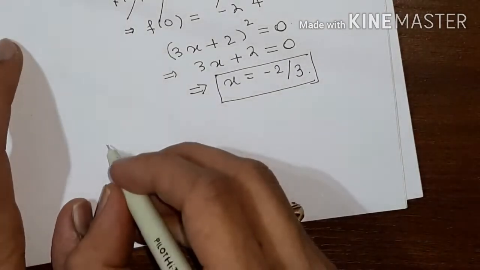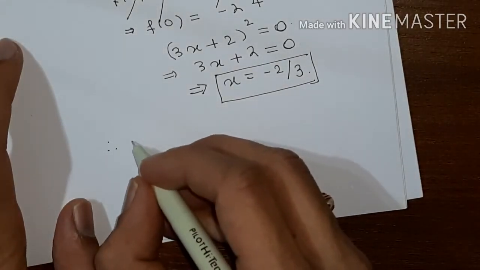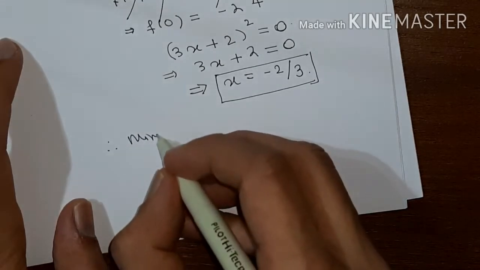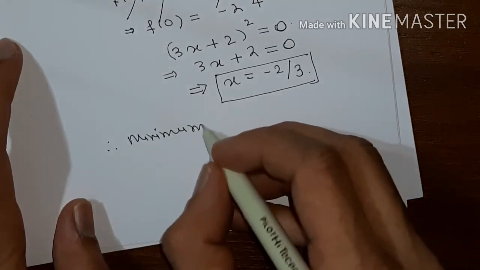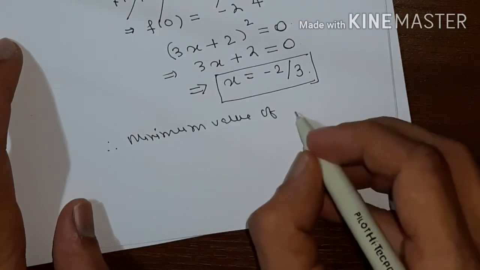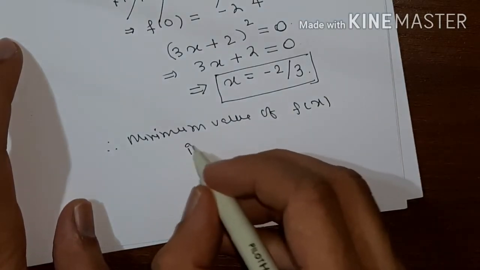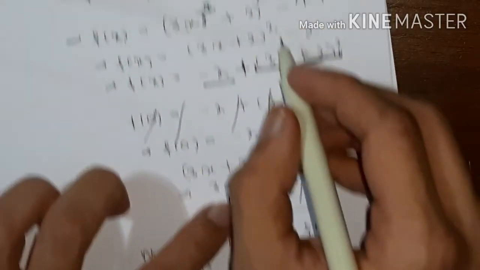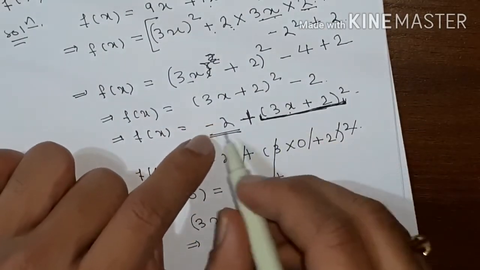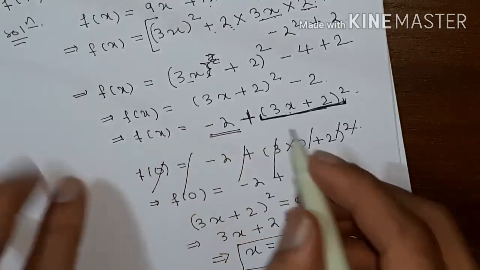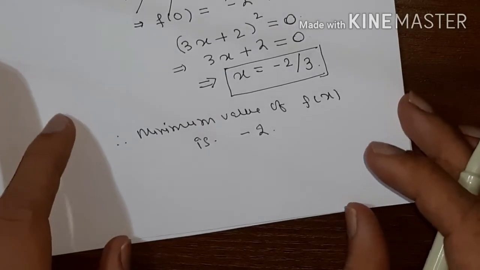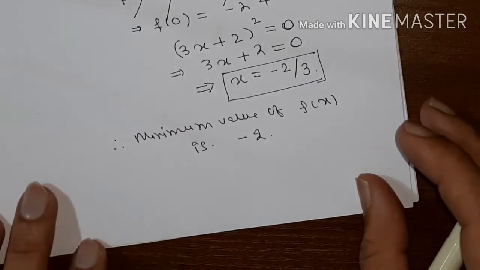Therefore what you conclude is the minimum value of f(x) is minus 2, because if this becomes 0, you will get the value as minus 2. So this is how we have to check it.